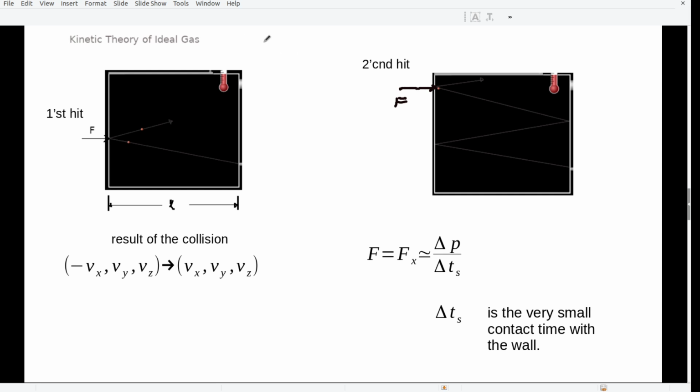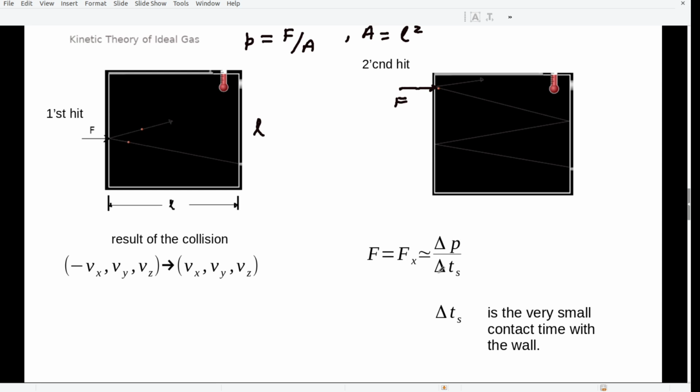But we want to know the pressure. Well, the basic definition of the pressure is that it's force per area. So great, the area, what will that be? The area will be L squared because we have an L cubed box. But what's the force?